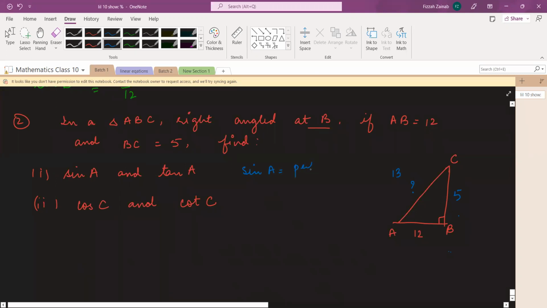Okay, it's perpendicular by hypotenuse, right? Which angle you are taking? You are taking angle A, so the perpendicular will be BC and hypotenuse will be AC. So that will be 5 by 13. Then tan A will be perpendicular by base, so 5 by 12.